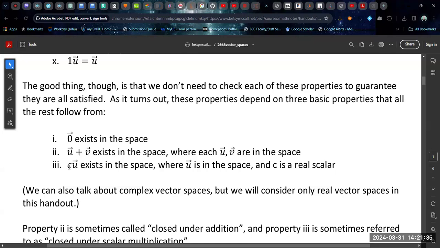And I also need to be able to scale any object in the space with a real scalar and still get an object in the space. So that's called closed under scalar multiplication. And so if I can prove that these 3 properties are true, and I know that it's a subset of another vector space, then my subset will also be a subspace. So it will internally behave like a vector space.